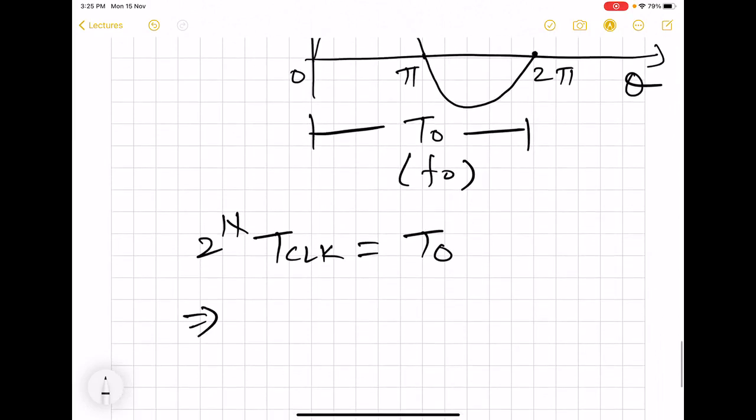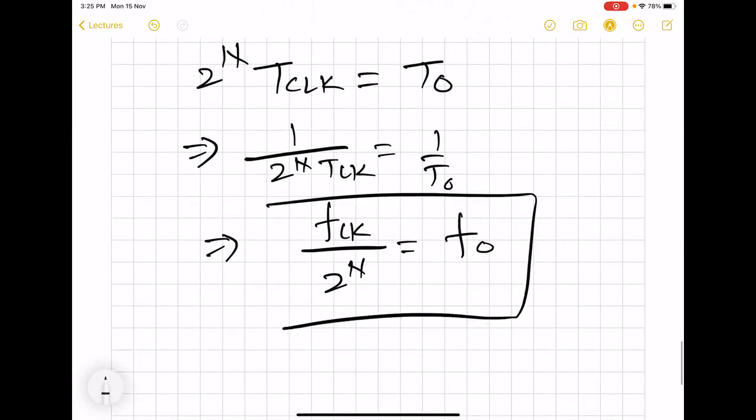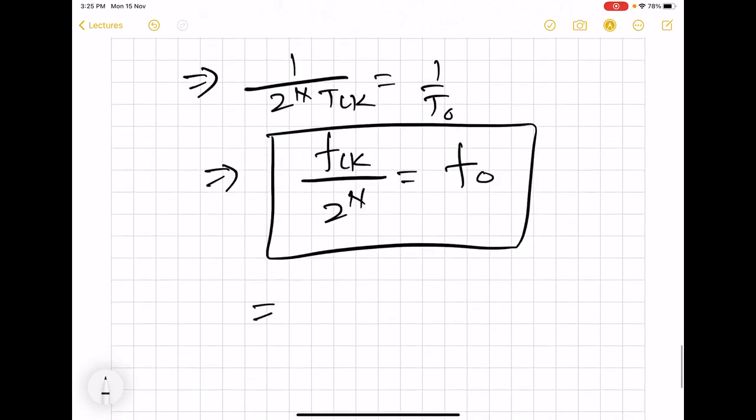So here we can see that 2 raised power n, T clock is equal to 1 by T naught. That means F clock by 2 raised power n is equal to f naught. So this is the relation we see. So from here we see that f naught is going to be smaller than f clock.